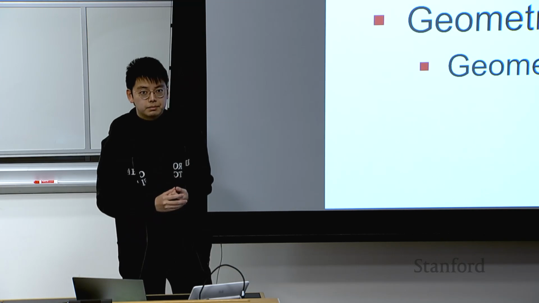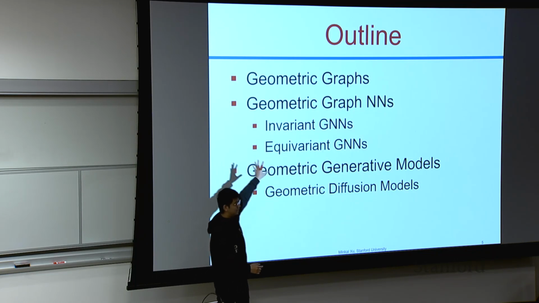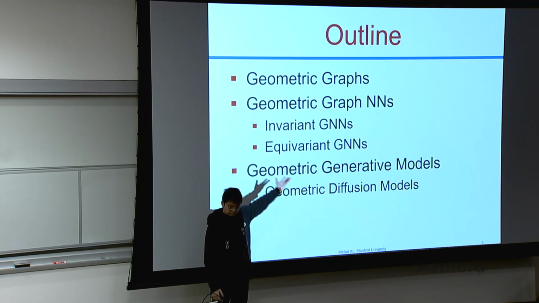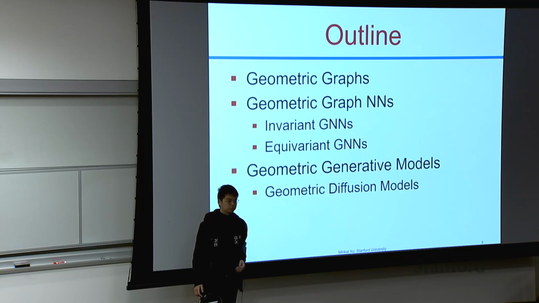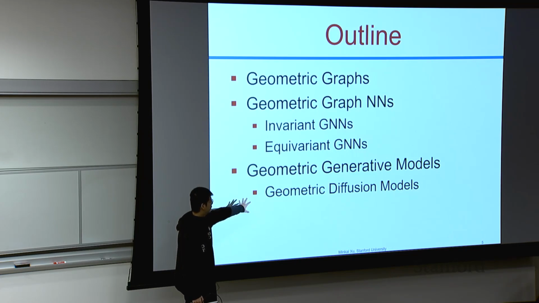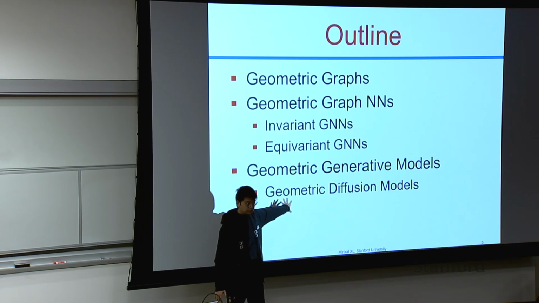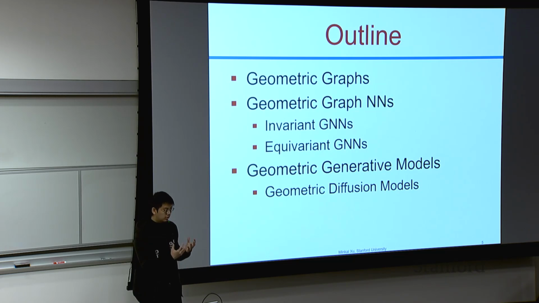And the last part is, considering we have already defined data and developed some modern architecture like a graph neural network, how to use this graph neural network to tackle real-world challenges. And I will introduce our most recent progress on geometric diffusion models, which are capable of generating very, very realistic molecular structures.